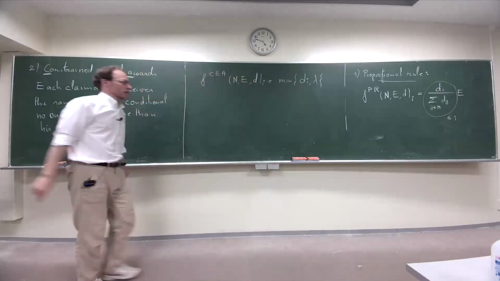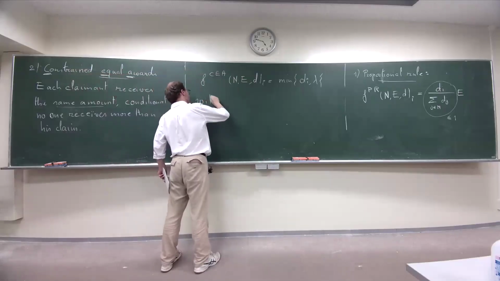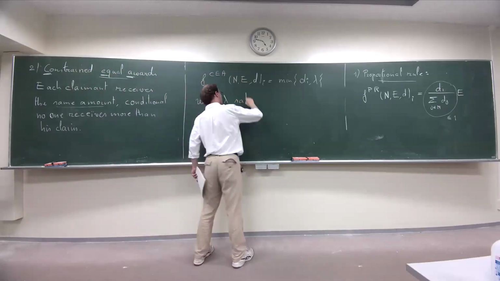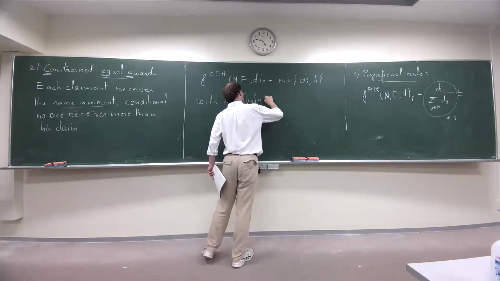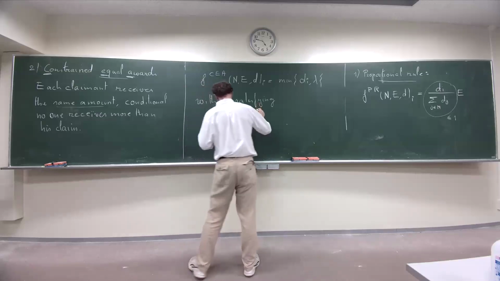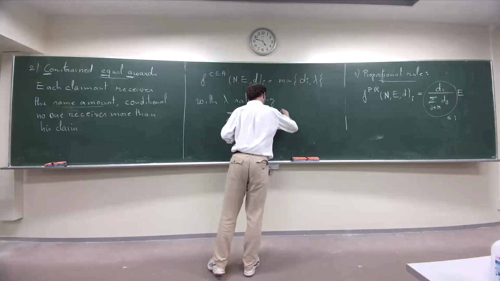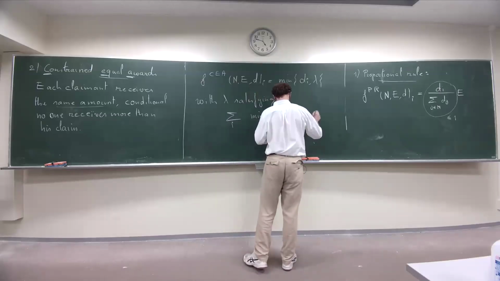And I have a condition to write on lambda, with lambda satisfying that the sum over i of the minimum of di and lambda is E.